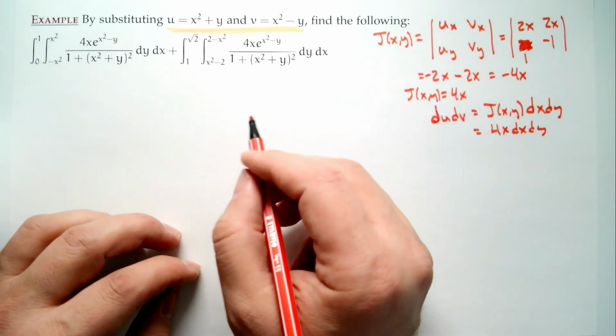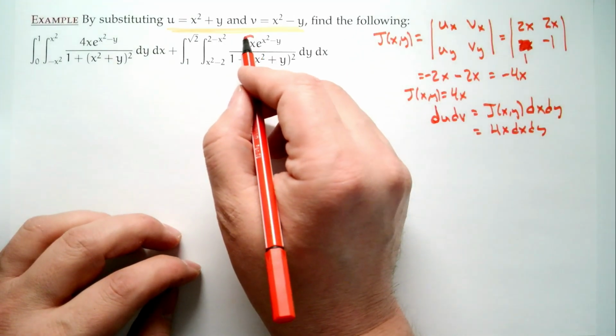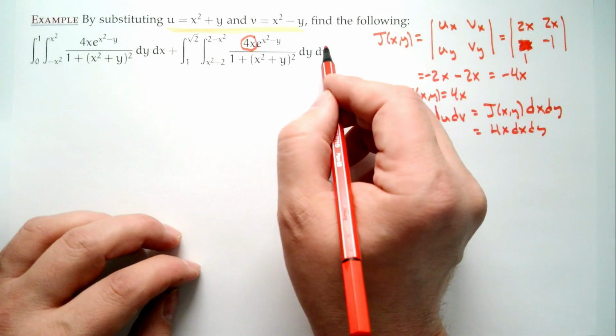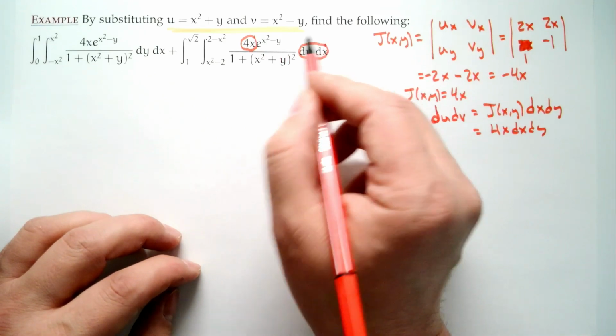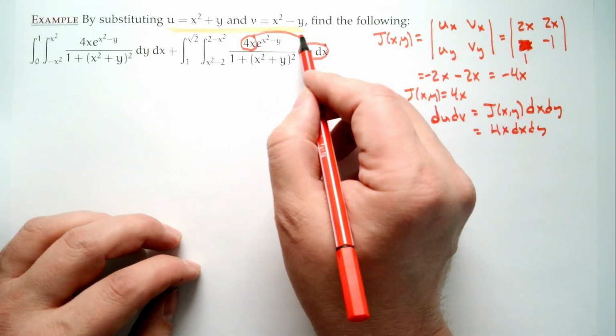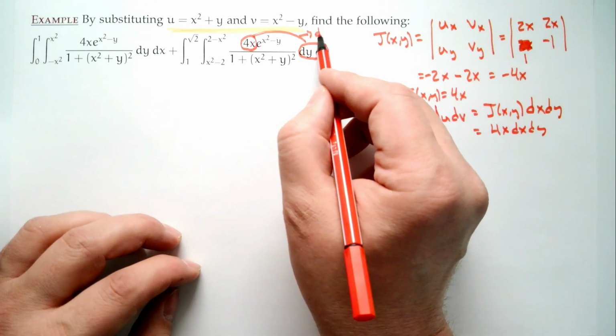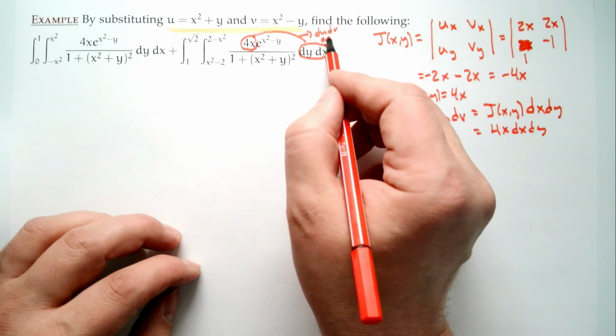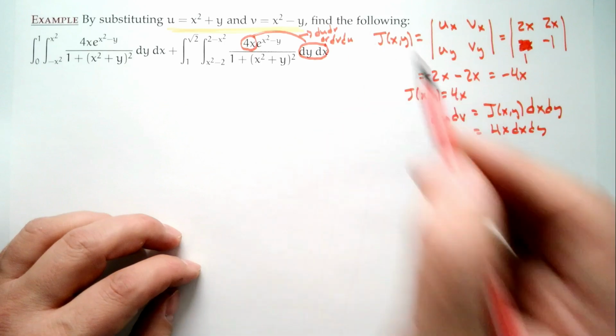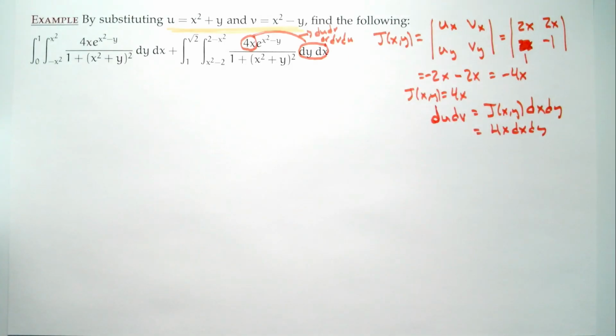Now let's look at our integral. Notice I have a 4x dy dx. These pieces will become my du dv or my dv du. I don't know yet the order of integration. But when I do my substitution, that 4x dy dx will become what I need it to be.